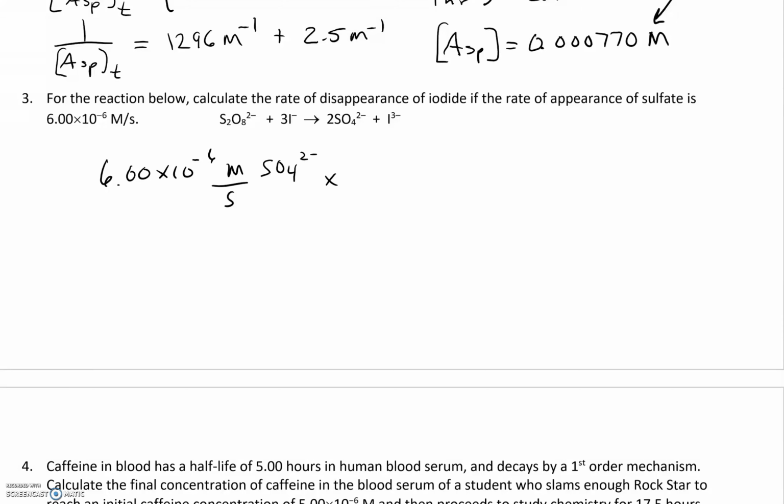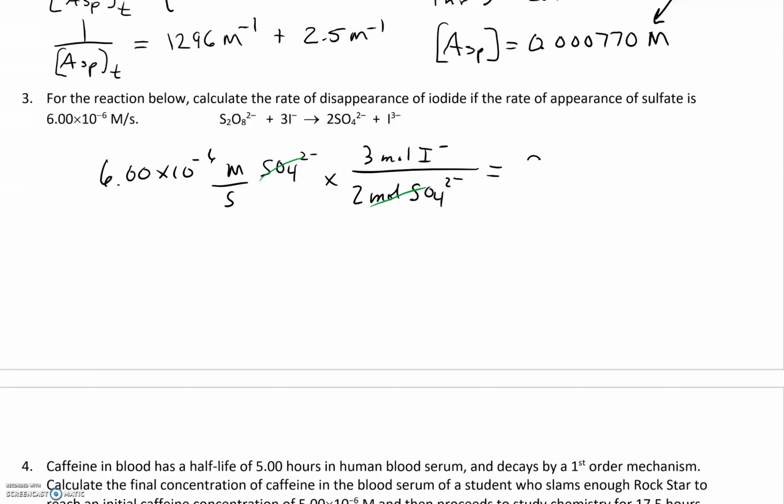We know that in terms of the mole-to-mole ratio, there are 2 moles of sulfate for every 3 moles of iodide. And so we would end up with moles of sulfate reducing to 1 and canceling out.